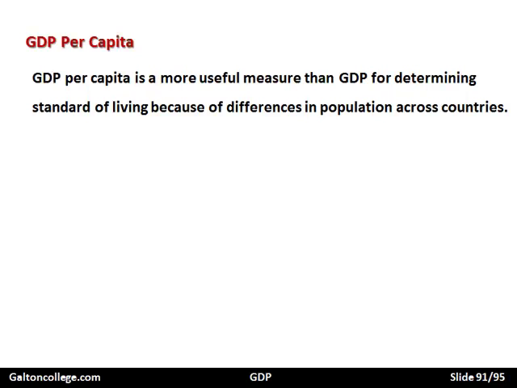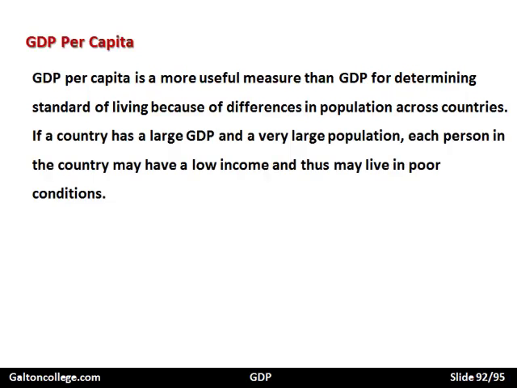So you might find some very small countries have very high per capita income, whereas some very large countries may have very low per capita income. But in total, of course, the large countries are much wealthier than the small countries. It's just when we divide by the population, we find they're much poorer.